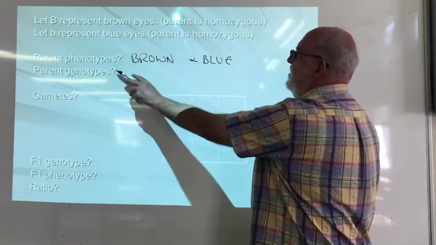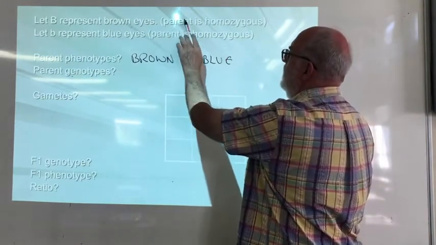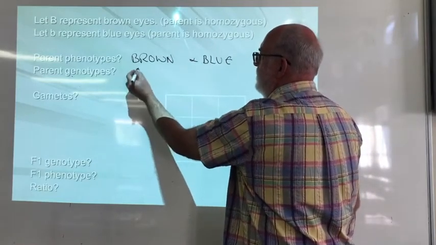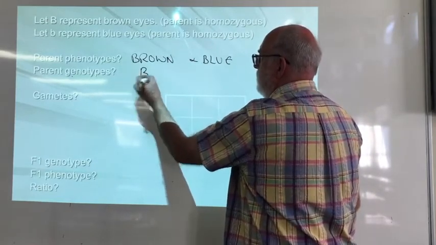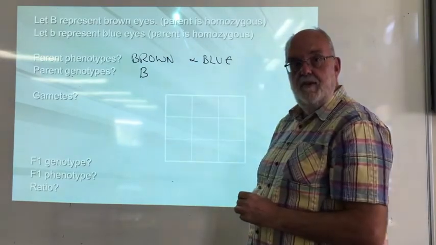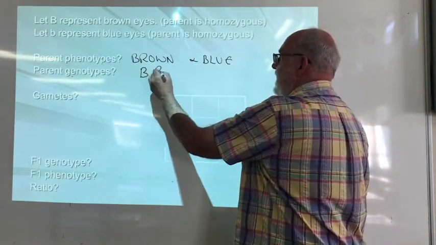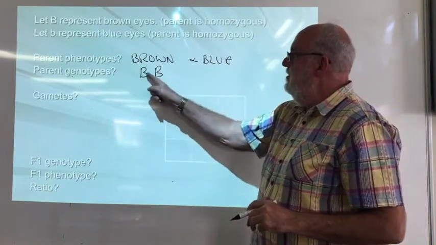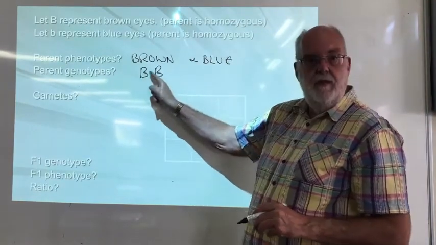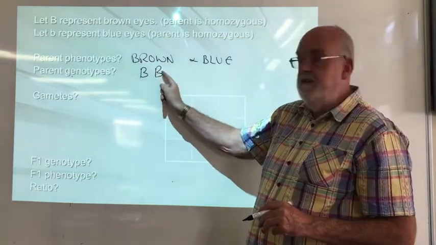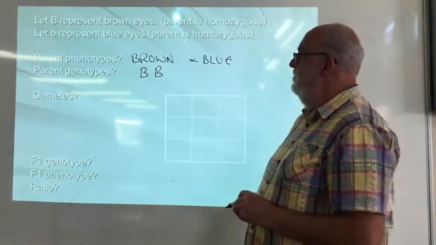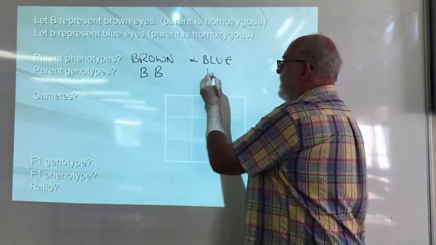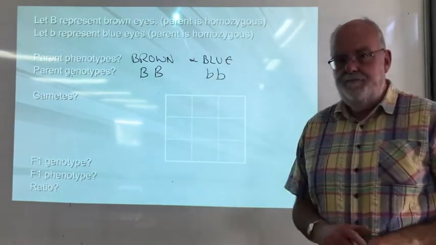The parental genotypes, we're told here that the parent is homozygous. So therefore, the parent will have that allele on one of its chromosomes and that allele on the other of its chromosomes. Homozygous, both the same, one of these alleles on each of the chromosomes in the homologous pair. And the blue-eyed parent is going to be exactly the same like that.